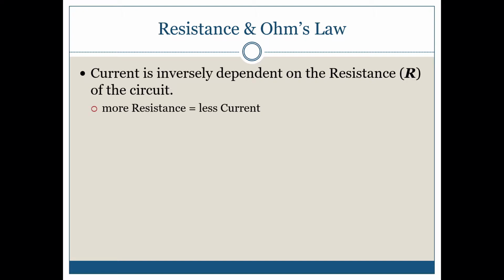So Georg Ohm discovered this relationship where current is inversely dependent on the resistance. Basically, it means that the more resistance you have, the less current exists in the circuit. And the reverse is also true. If you have less resistance, that leads to greater current.